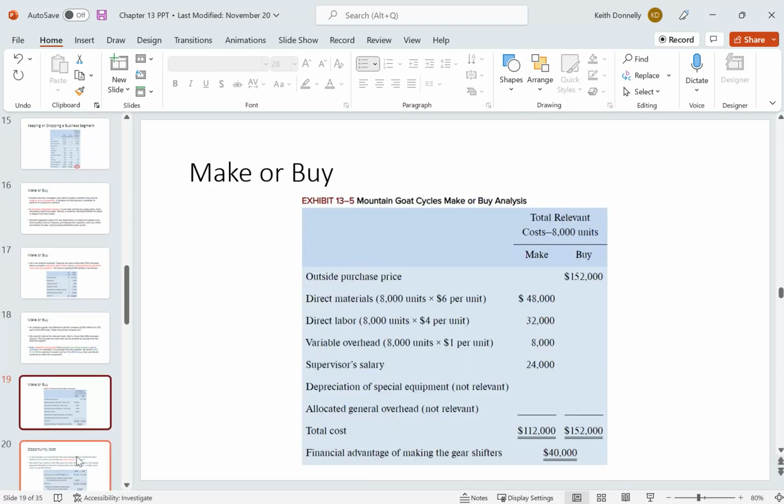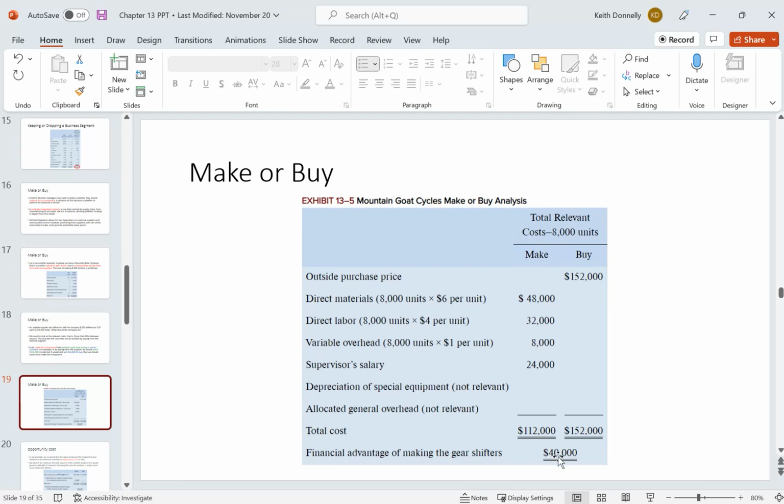All right, so in this situation, they're saying you can buy them for $1.52. Over here, if we make it, we're looking at our relevant costs: our direct materials, our direct labor, our variable overhead, our supervisor salary. We get rid of our non-relevant costs. That's going to be $1.12.